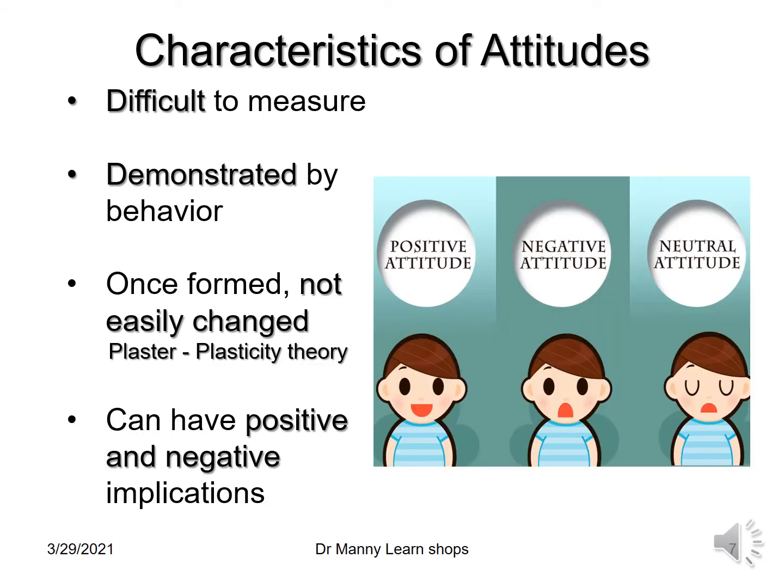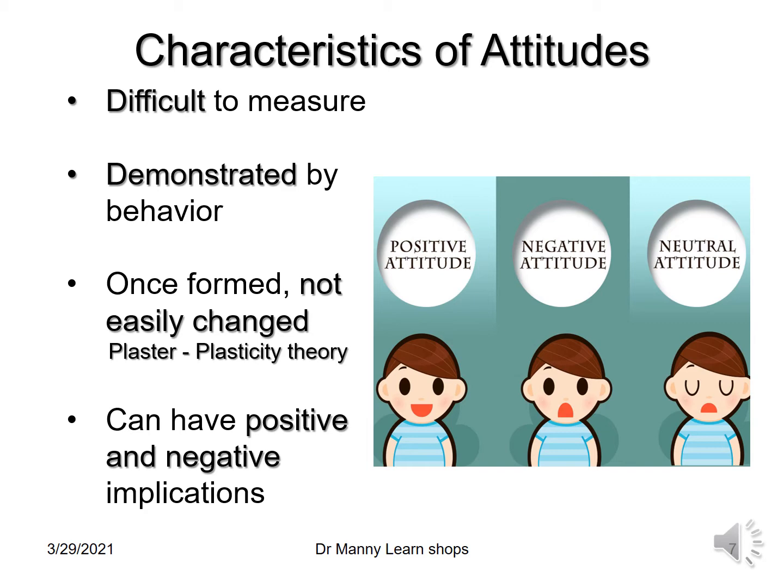What are some of the characteristics that are related to attitudes? Well, attitudes are not quantitative. They don't fit into a numerical scale. They're difficult to measure. They're subjective. However, the characteristics related to the attitudes are demonstrated by how a person behaves.